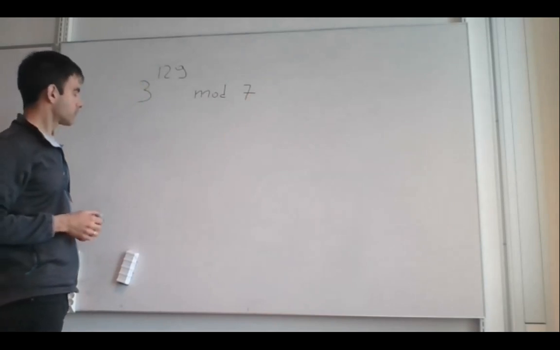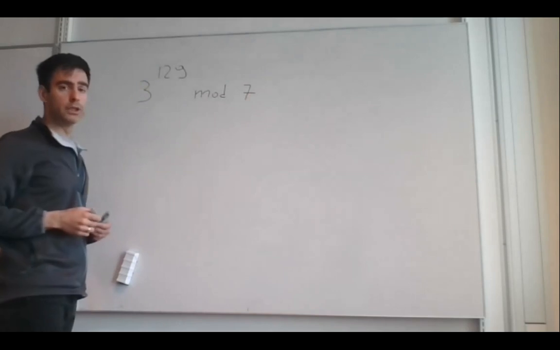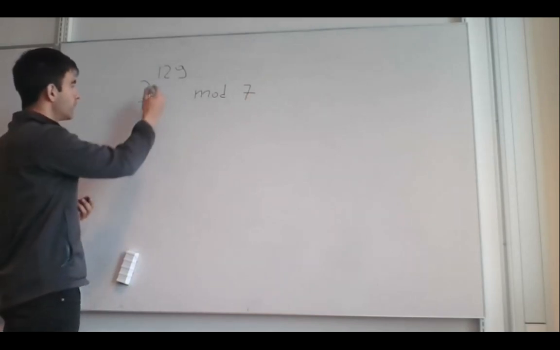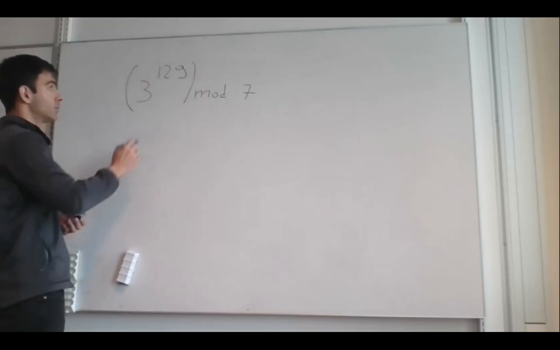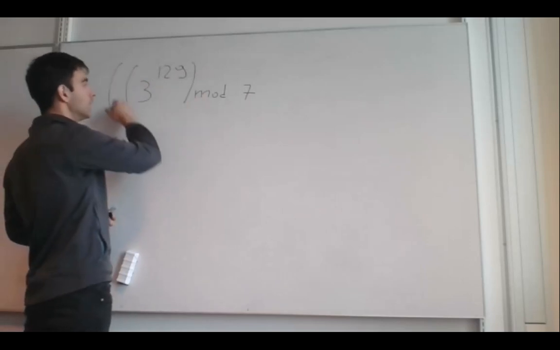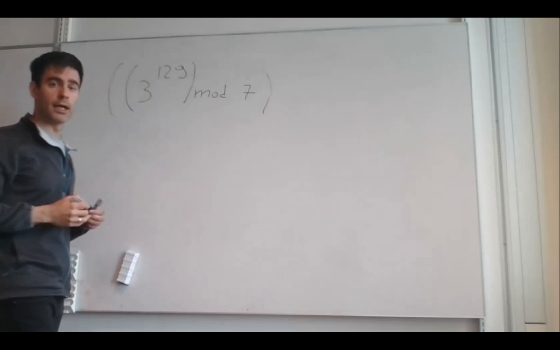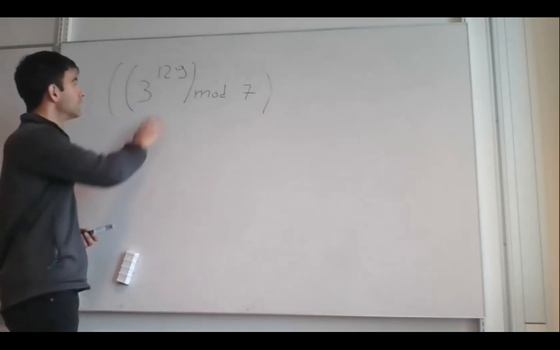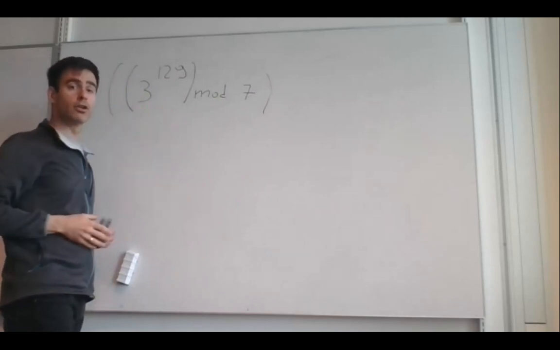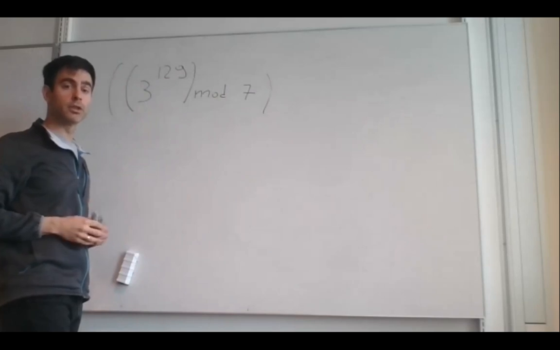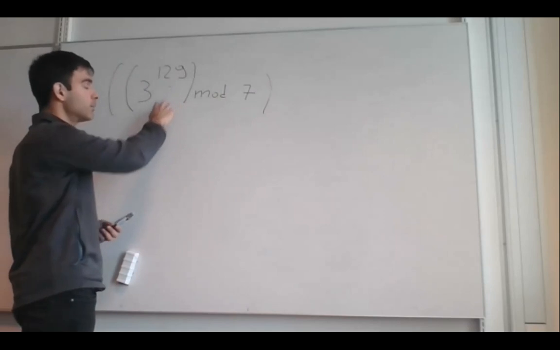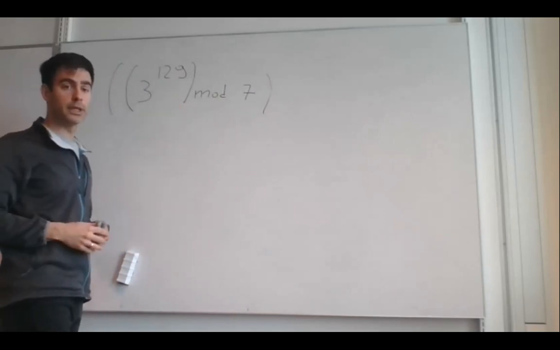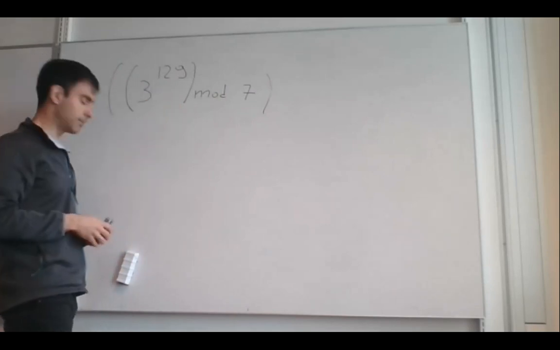So how would you do this computation? If you start by first computing 3 to the 129, and then you do the modular reduction, well, that's simply not going to work. This number is so big that your computer is not going to be able to store it in its memory. So you can't compute 3 to the 129. And this is even a small example. When you're going to do RSA computation, you're going to have to deal with even larger numbers than this.